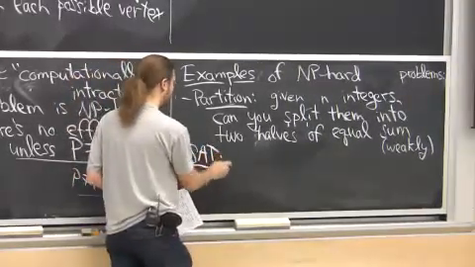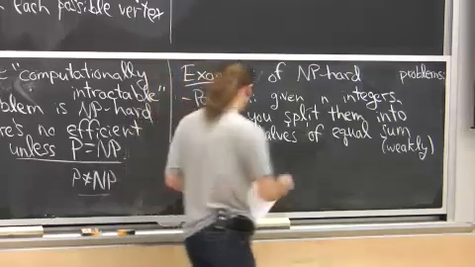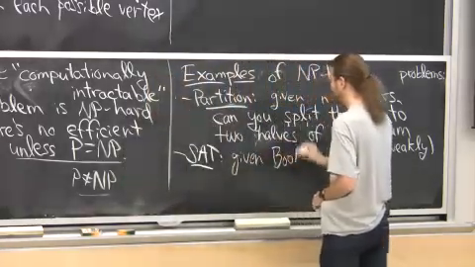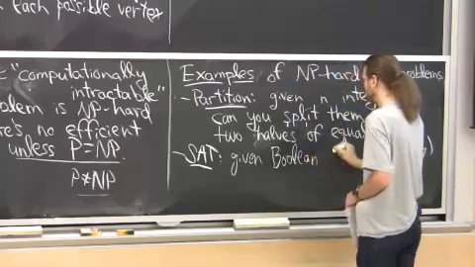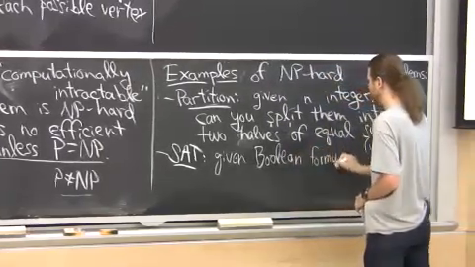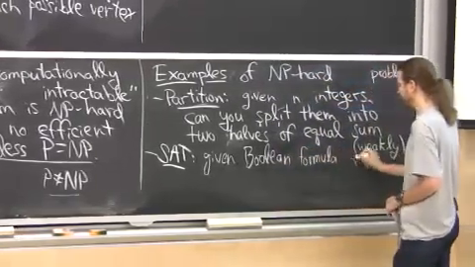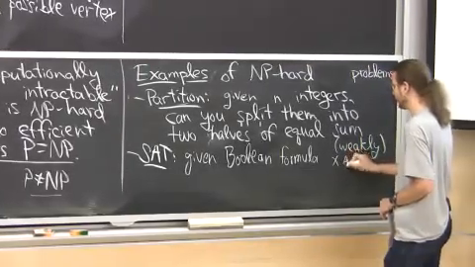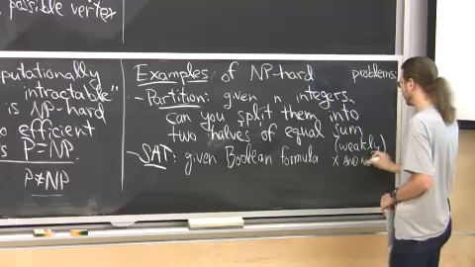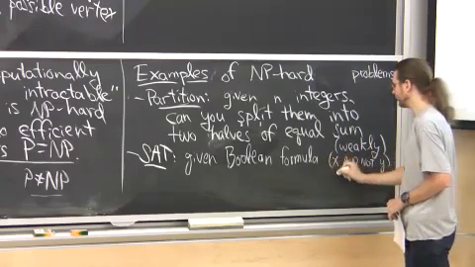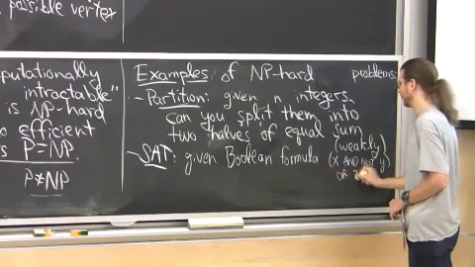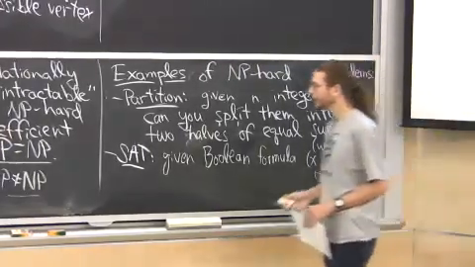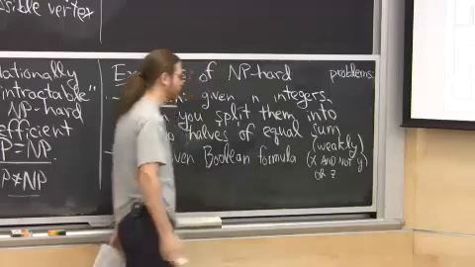An even nastier problem is satisfiability, or SAT. Here you're given some Boolean formula. So it has a bunch of variables like x and y. You can do and, you can do not, and you can do or. Let's say that's all you need. X and not y or z. And you want to know, can I make that formula true?